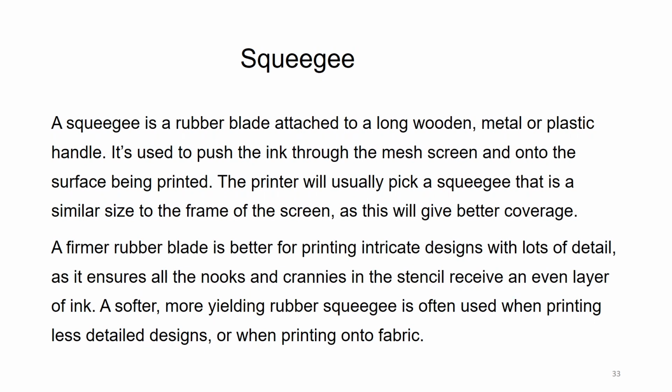So, it has its own use. It can be a rubber blade squeegee, or it can be a wooden, metallic or plastic handle squeegee, depending on the kind of print outcome that we want.